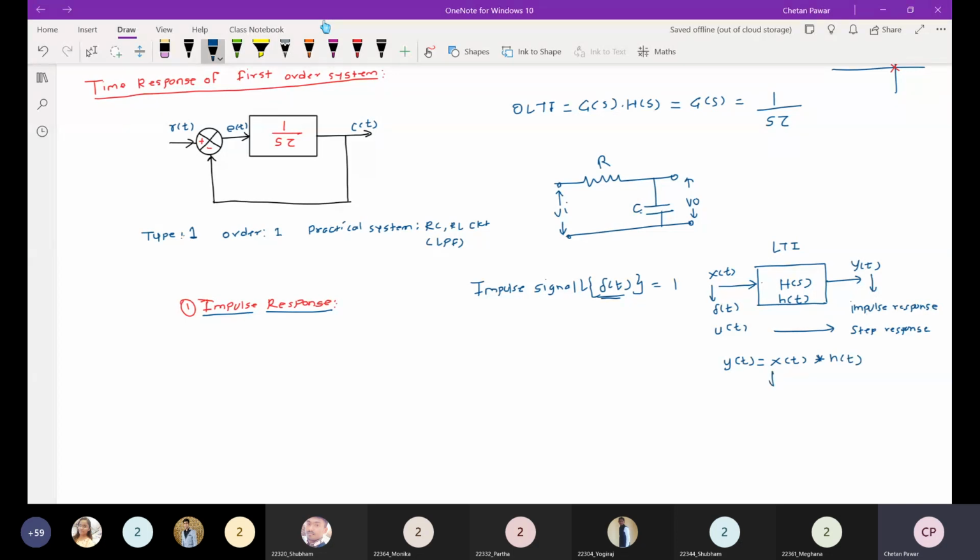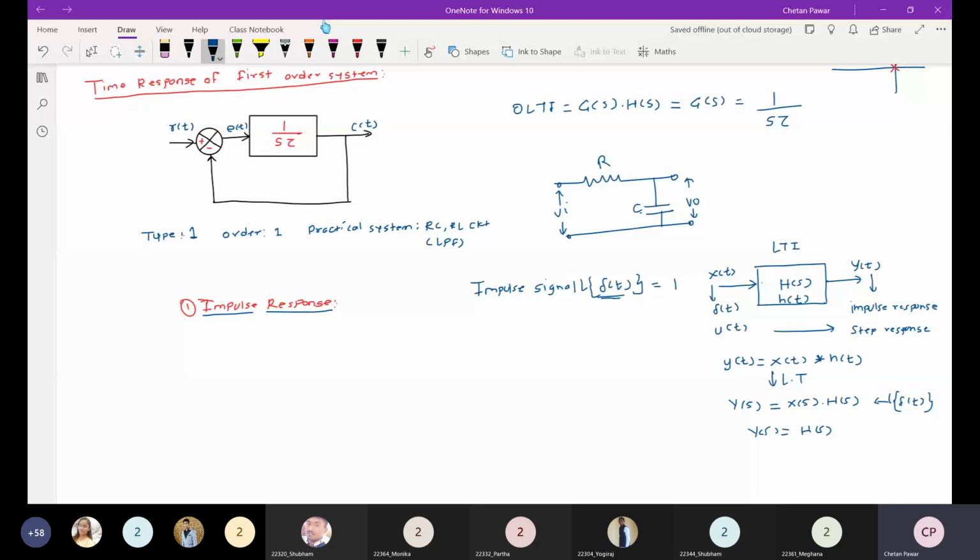If we convert this equation into the Laplace domain, Y of s is equal to X of s into H of s. What is X of s when you apply delta of t? The Laplace transform of delta of t is 1. So Y of s is H of s.